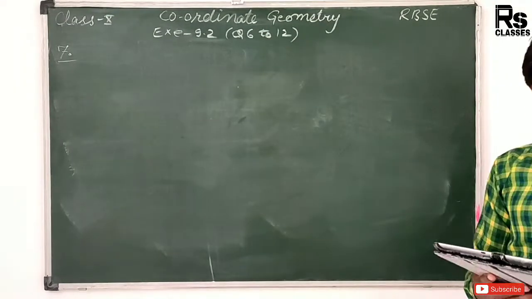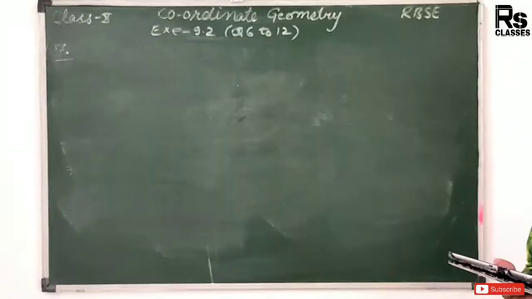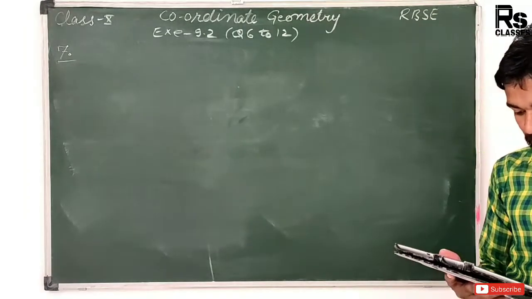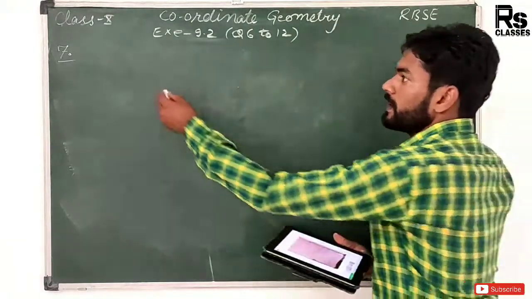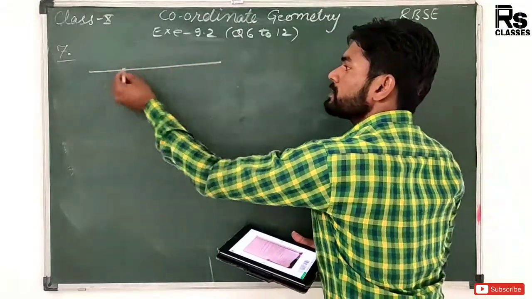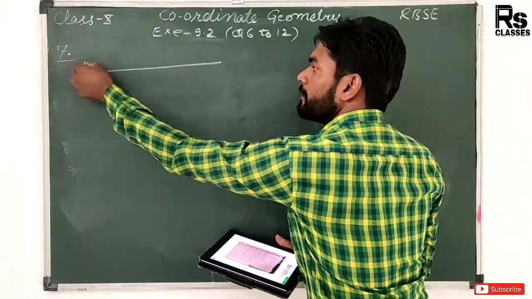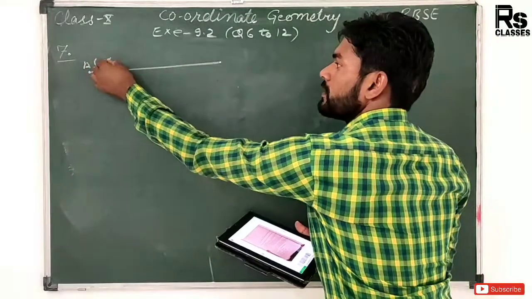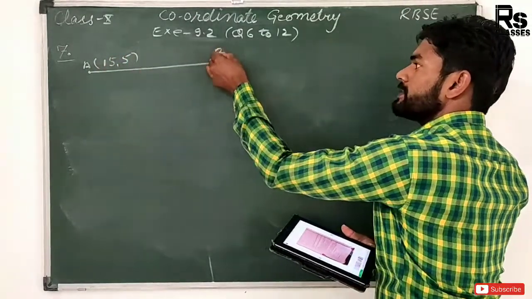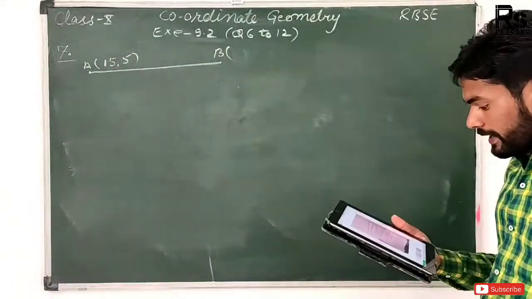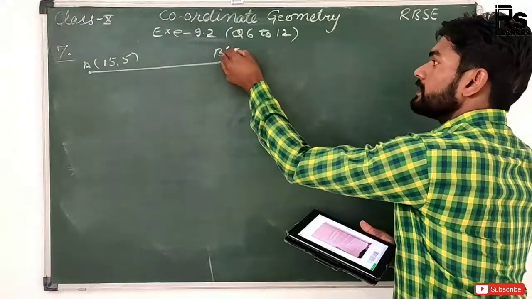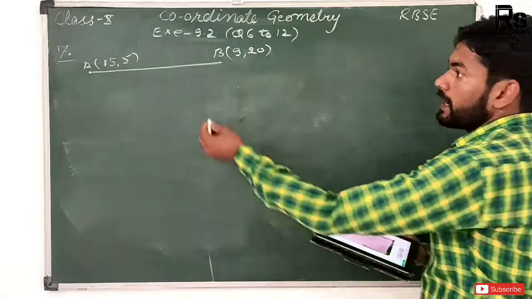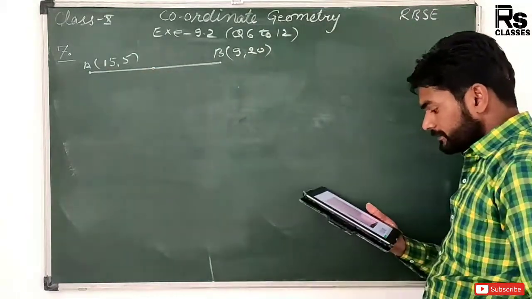Now the next, 7th question: in which ratio does point 11, 15 divide the line segment which joins 15, 5 and 9, 20? A line segment is given whose endpoints are, first, 15, 5, and let's suppose the second is point B with coordinates 9, 20, and a point P lies on it.